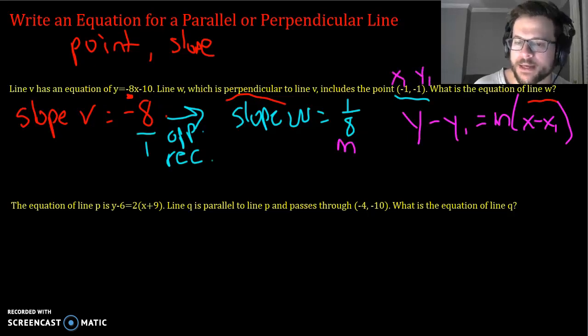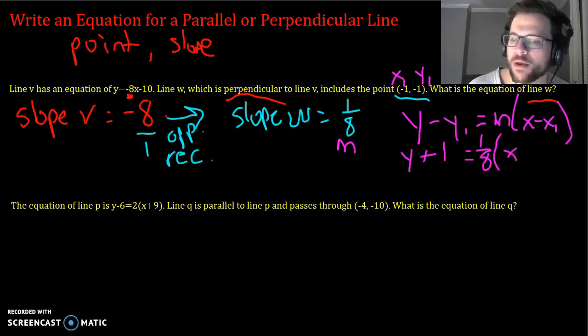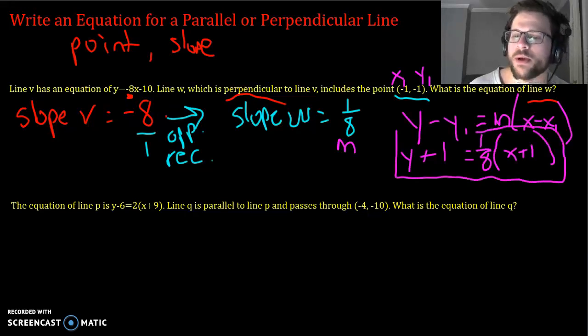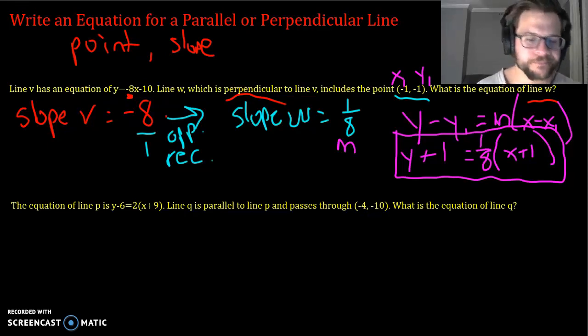So y minus negative 1 becomes y plus 1. Remember, we change signs. Our slope is 1 over 8. And x minus negative 1 becomes x plus 1. And there you go. That's the equation of line W, where it's perpendicular to line V, and it goes through the point negative 1, negative 1.